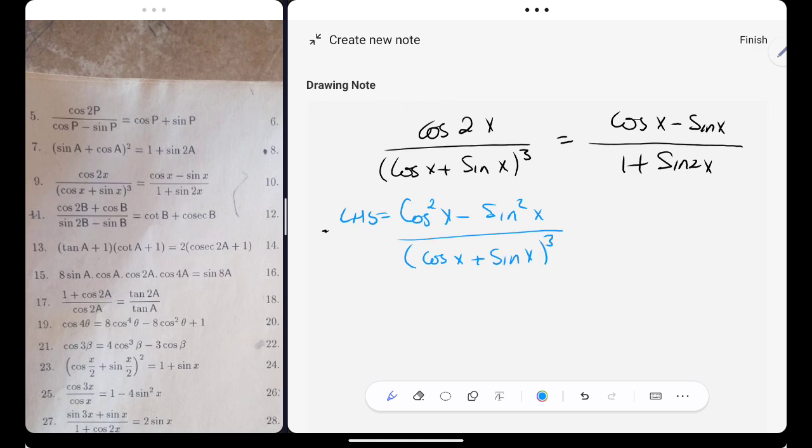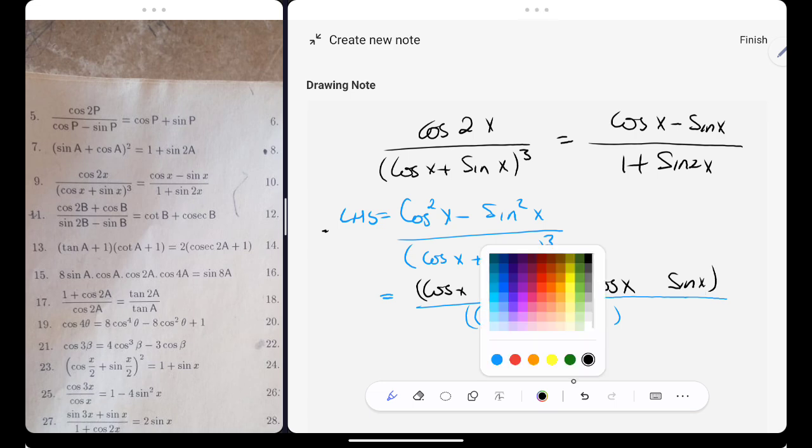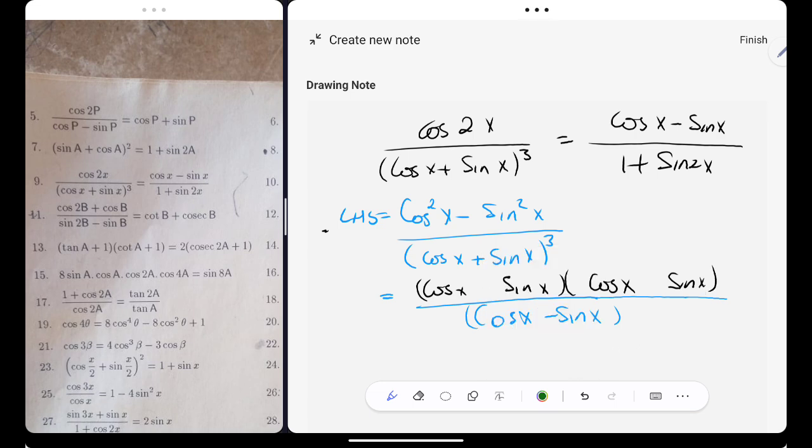But I can factorize that at the top, right? I can factorize that at the top. I have cos x minus sin x and cos x plus sin x, because it is the difference of 2 squares, right? Please note that I'll just put a minus and a plus there.